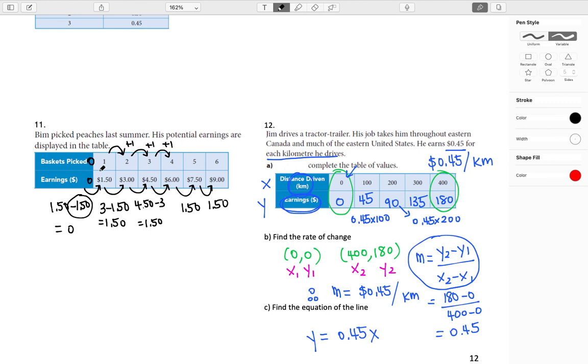So the y-intercept is going to be 0, and the slope, because the rate of change is 150 over 1, is going to be 150. And for the unit, it's dollars per basket. So the equation will be y is equal to 150x plus 0. And 0 will be invisible.